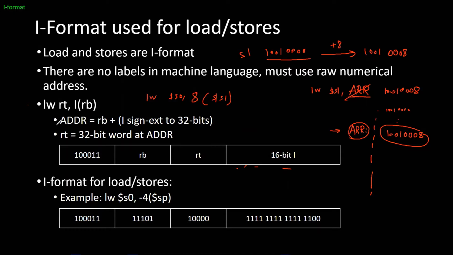So here we have that explaining the same thing. This address is equal to RB, the content of that register, plus our I, and that I is going to be sign extended to 32 bits. As we saw, that's only 16 bits. So how do we represent this in the I format?